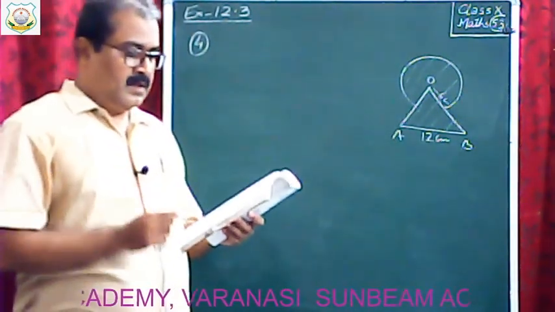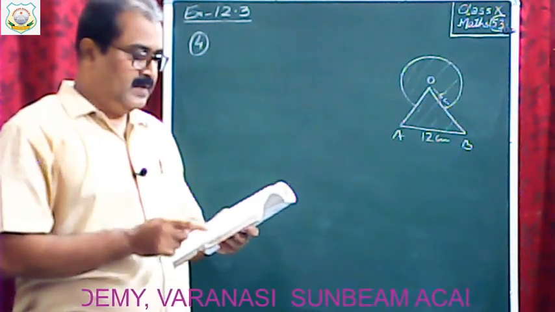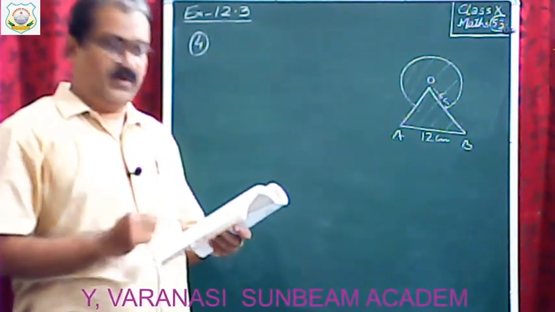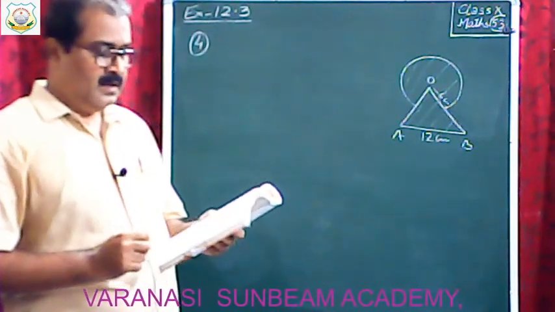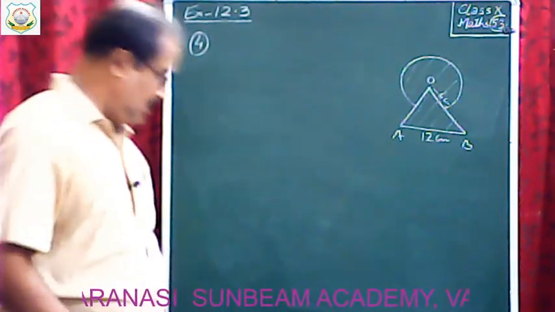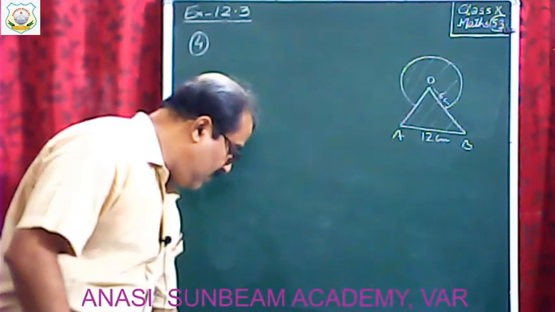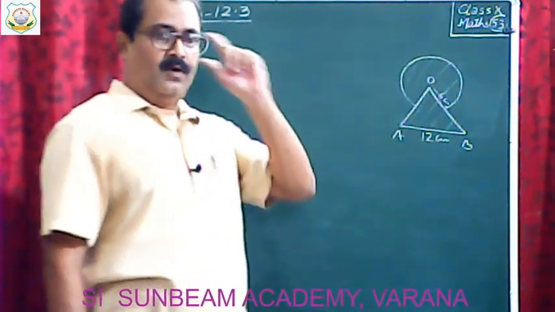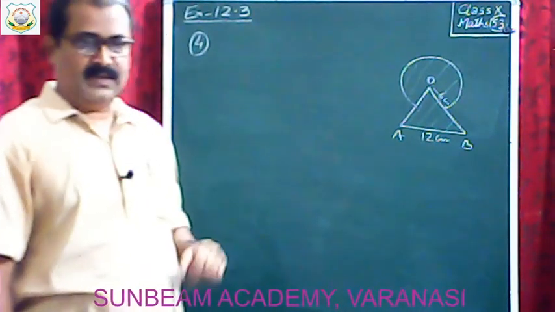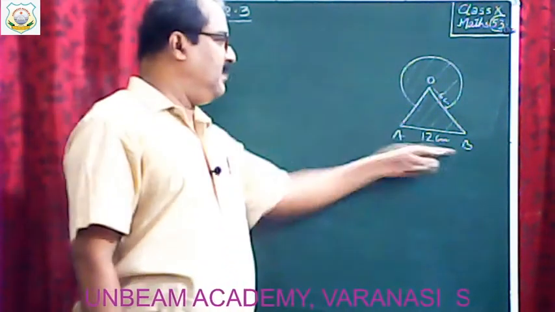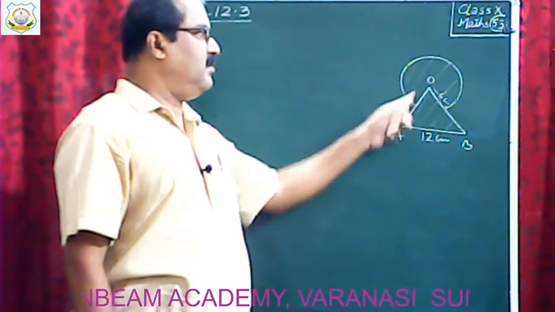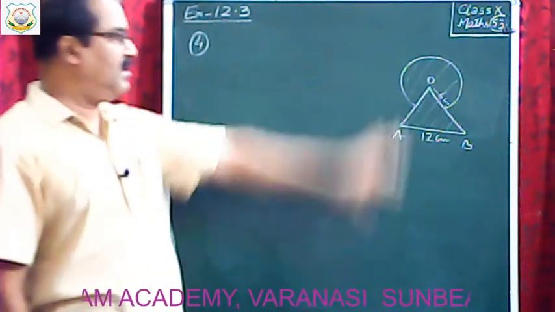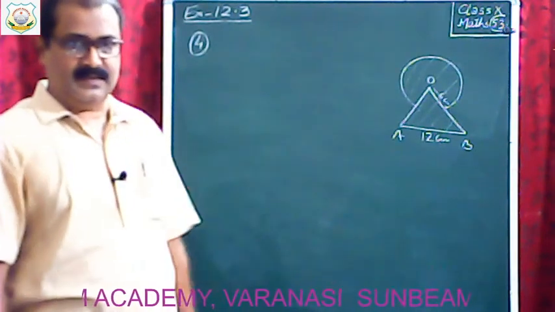One equilateral triangle is given and one major sector of radius 6 centimeter. Finally, OAB is an equilateral triangle and one major sector we have with radius 6 centimeter. We have to find the area of the whole figure that is shaded.